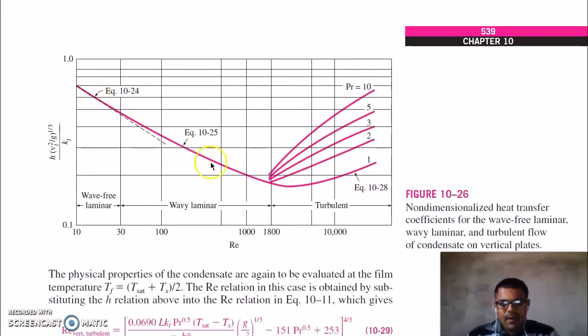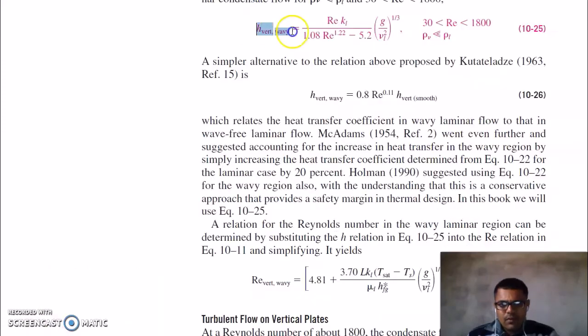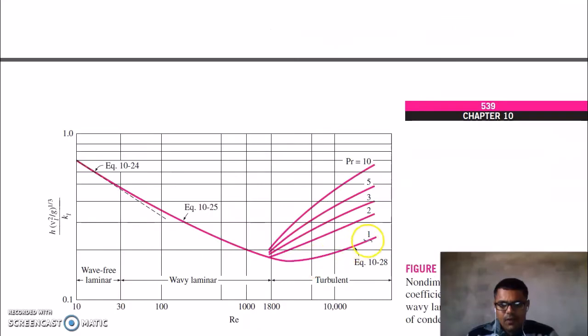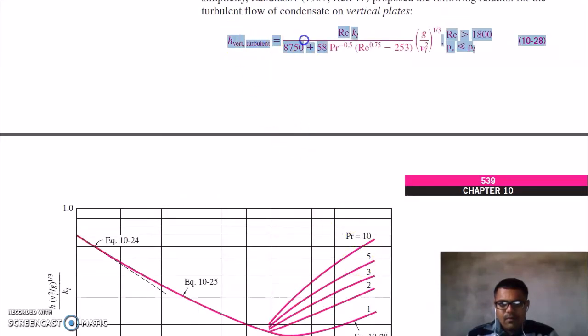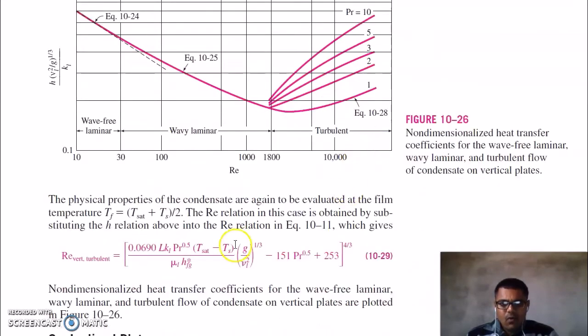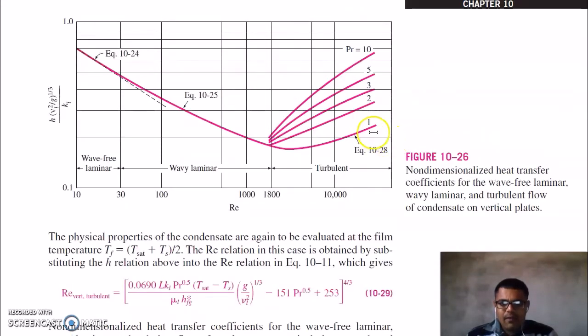This solid line represents the wavy laminar flow equation versus Reynolds number, and this equation is represented here, for which the Prandtl number is 1. Now if the Prandtl number varies as 2, 3, 5, this is the equation here.